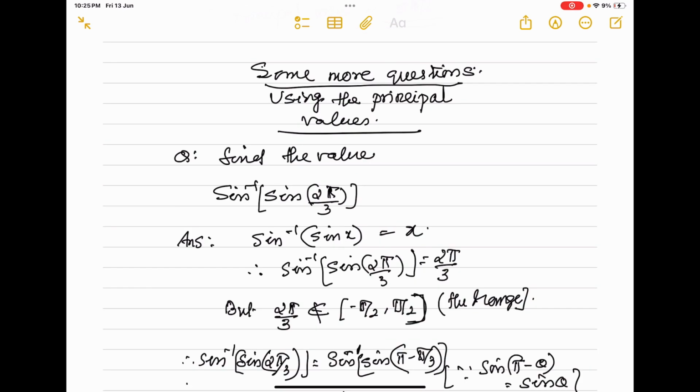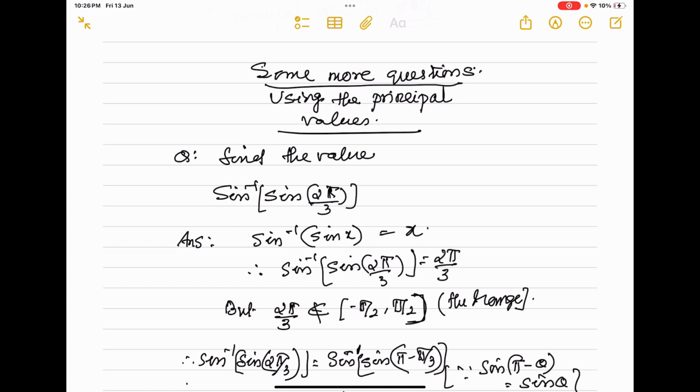Some more questions using the principal values. Find the value of sin inverse sin 2 pi by 3. Actually, sin inverse sin x equal to x. Therefore, sin inverse sin 2 pi by 3 equal to 2 pi by 3. But this value 2 pi by 3 does not belong to the range, the closed interval negative pi by 2 to pi by 2.